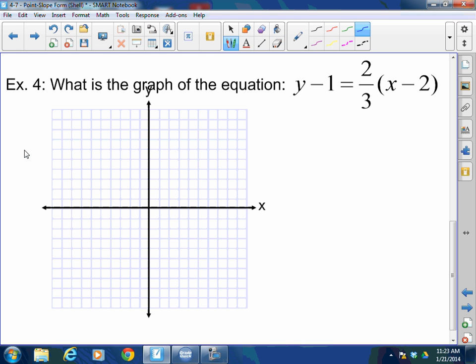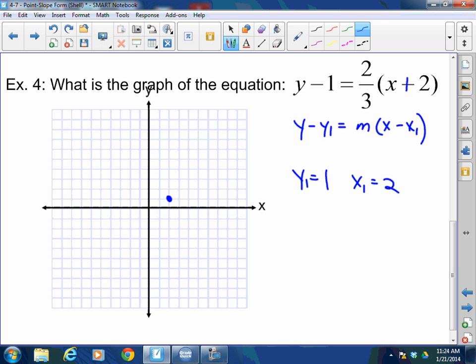Now, what if you guys remember the formula? y minus y1 equals m times x minus x1. Guys, if it's y minus y1, what's my y1? 1. And if it's x minus x1, what's my x1? Don't I have the point (2, 1)?